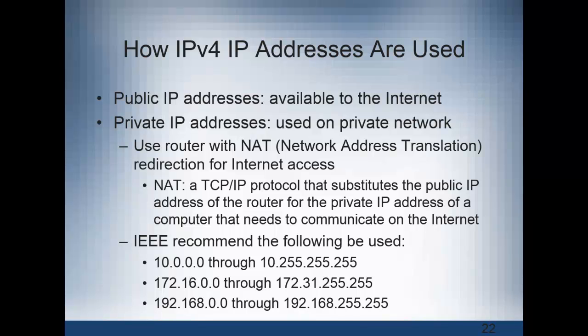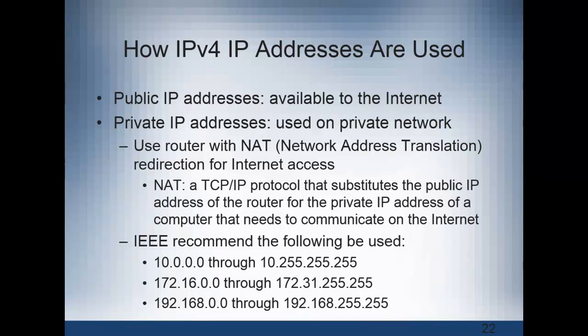Within the company network, computers communicate with one another using these private IP addresses, and a computer using a private IP address on a private network can still access the internet if a router or other device that stands between the network and the internet is using NAT, or network address translation.